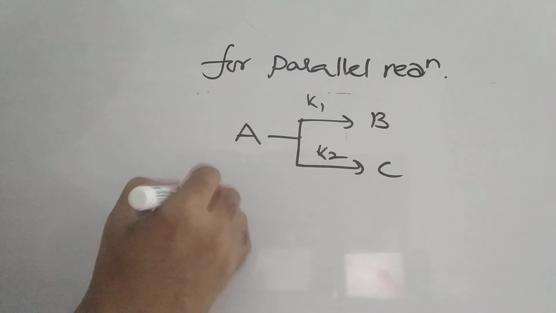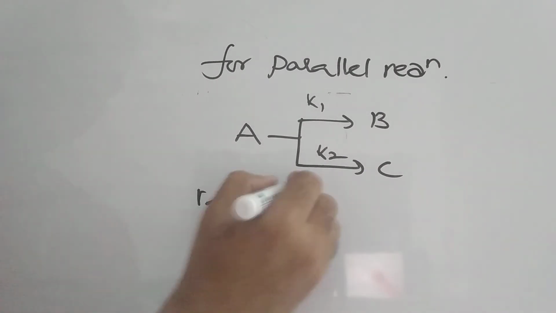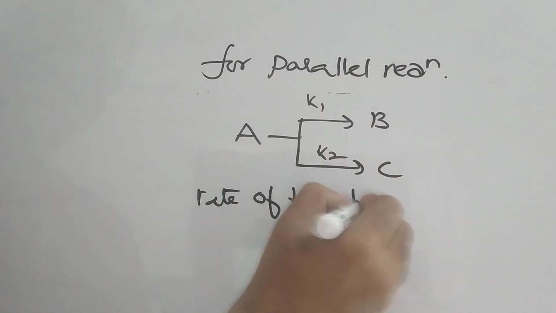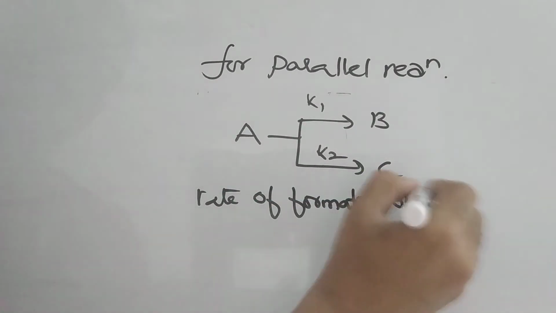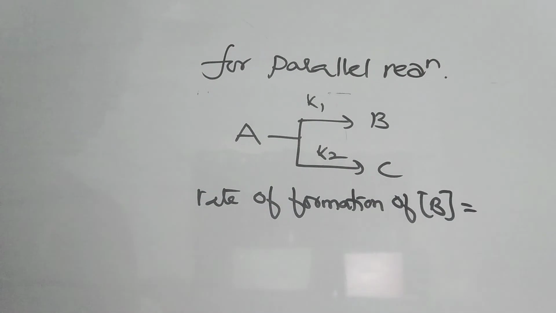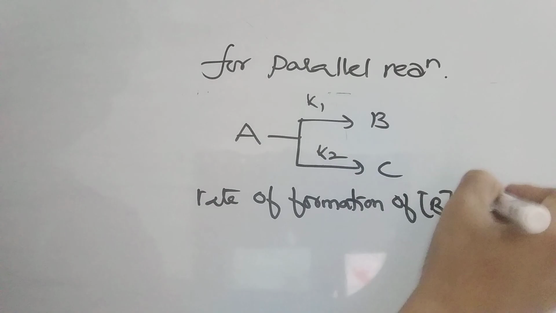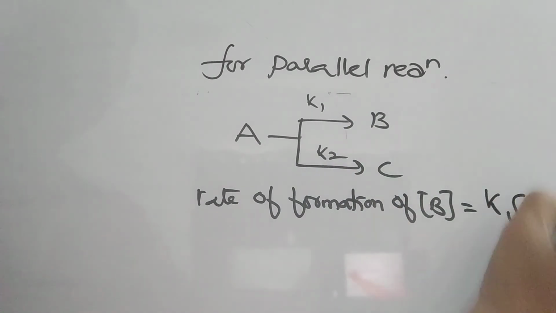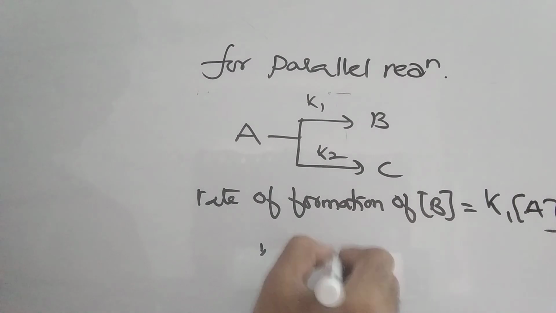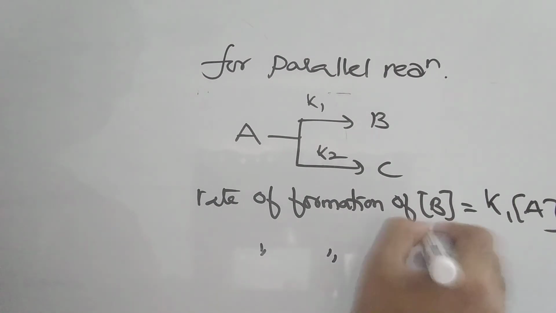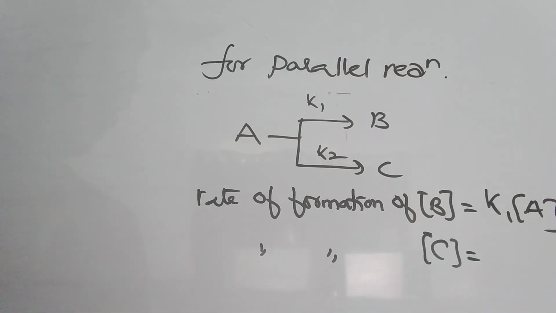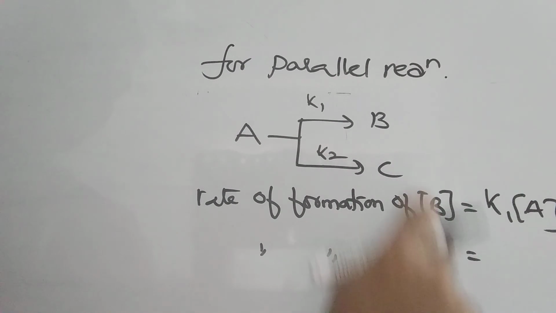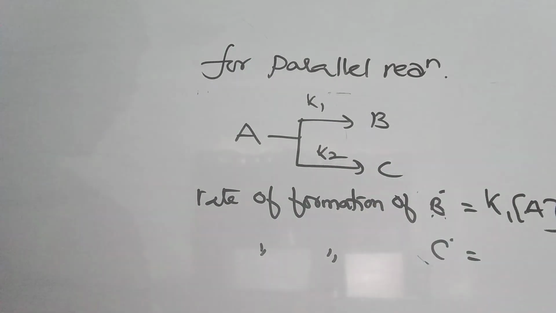Then rate of formation of B is equal to K1 into concentration of A. Similarly, rate of formation of C is equal to K2 into concentration of A.